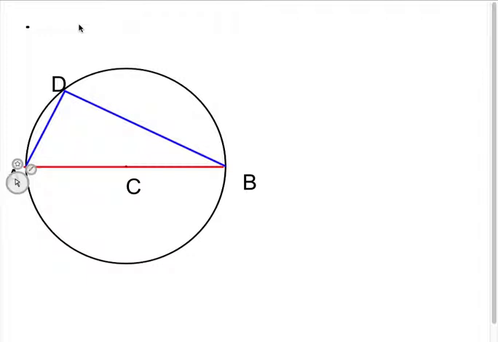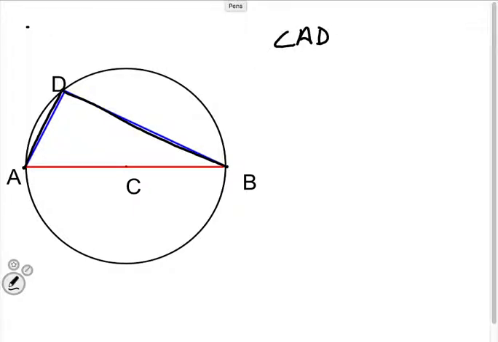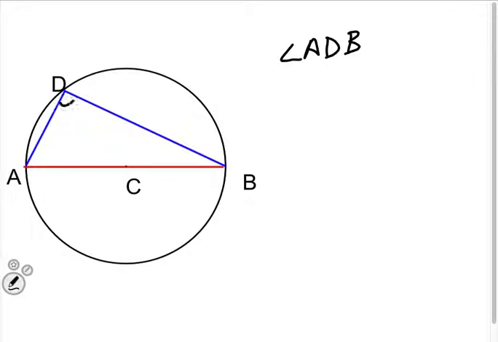Here we have an inscribed angle, angle ADB. To figure out the measure of this angle, simply look across and see that it is subtended by this big arc AB.